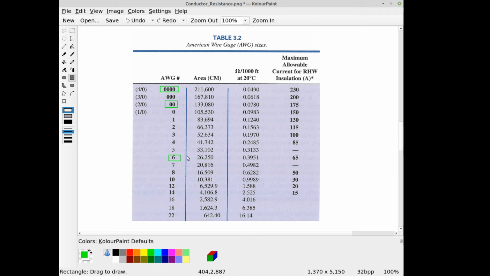For typical automotive applications, for straight wiring for lights and things like that, they would use 16 gauge wire, which is 2,582.9 circular mils.